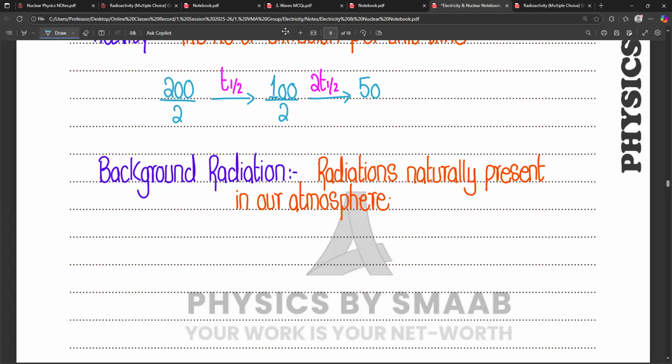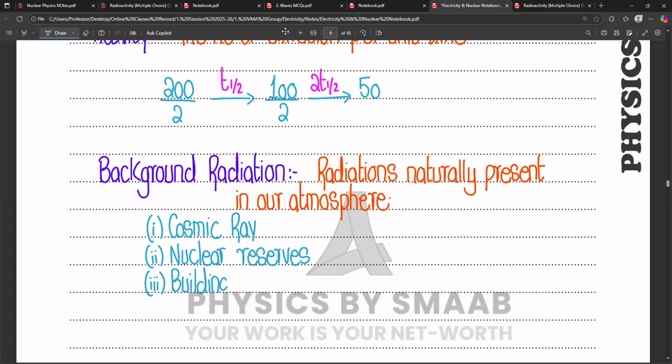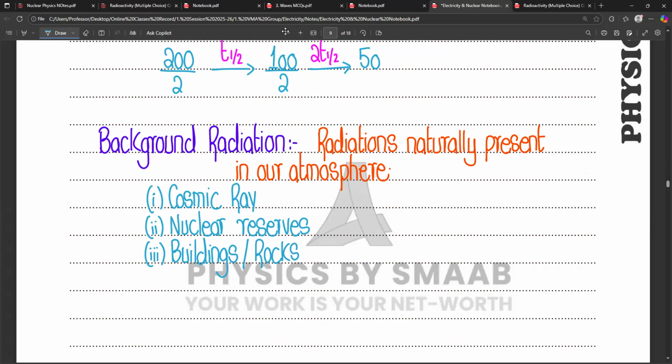Examples of background radiations are: number one, cosmic rays; number two, nuclear reserves; buildings or rocks; nuclear waste.